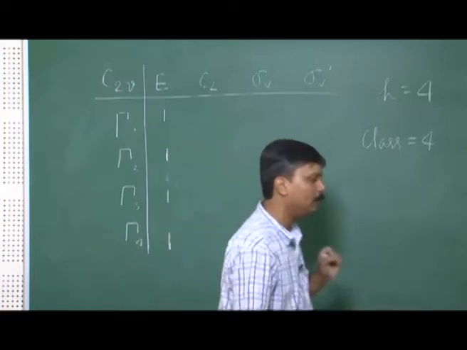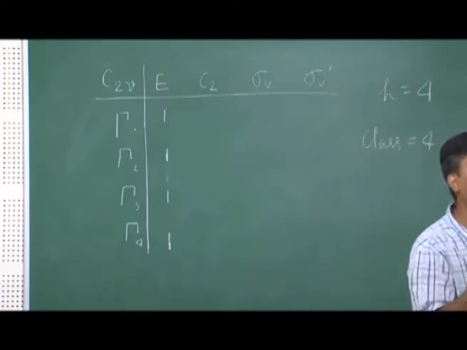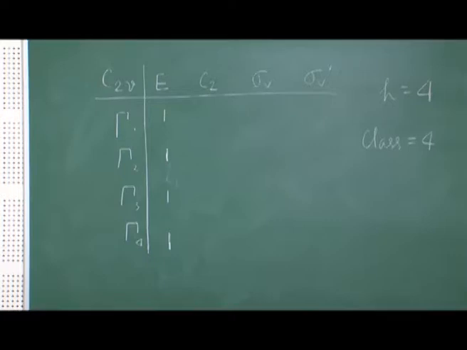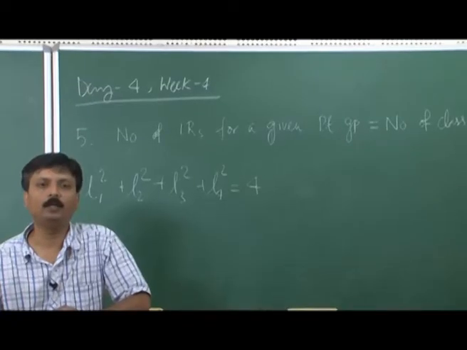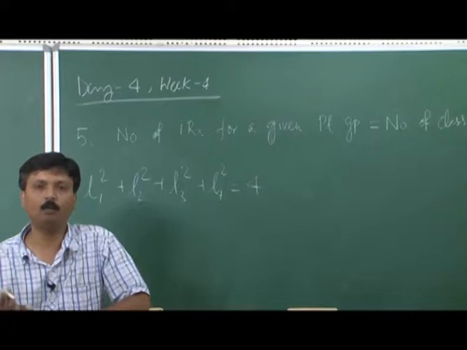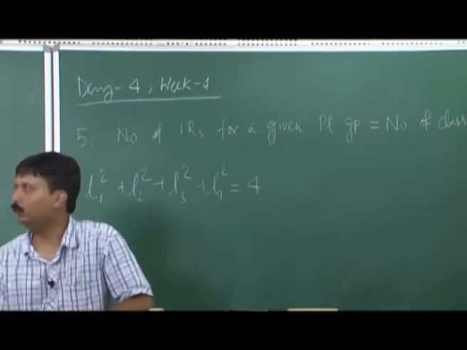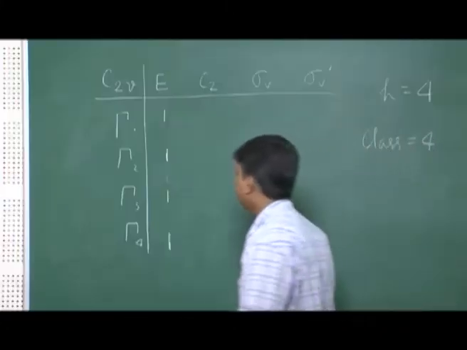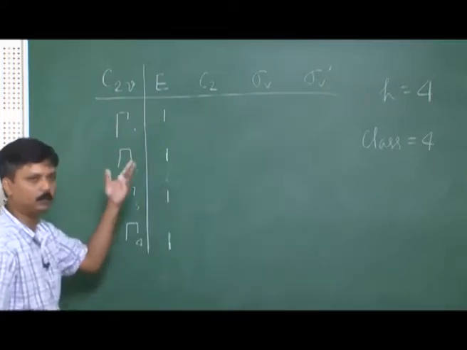Now, one dimensional representation means only one number in the matrix. So, you can easily figure out that there is no possibility of having any number other than 1. Either that will be plus 1 or minus 1.